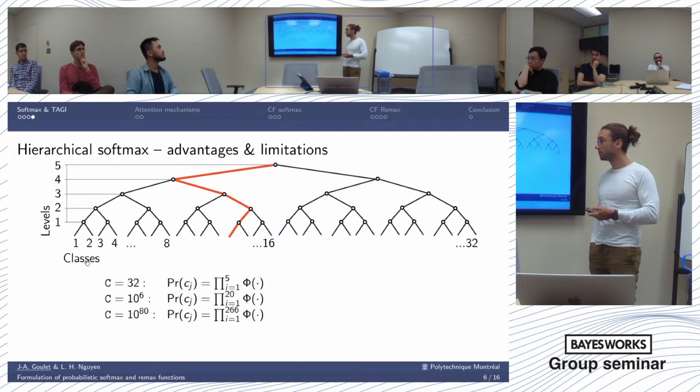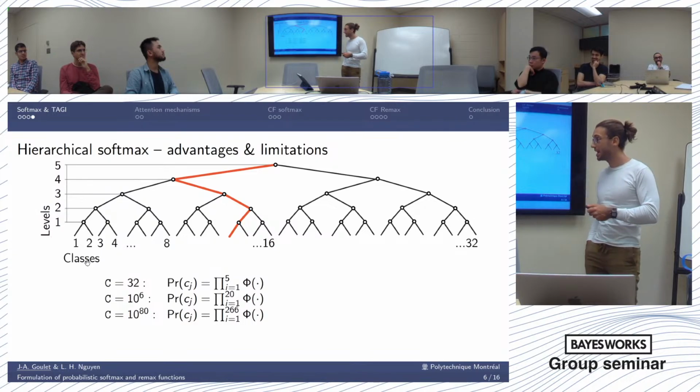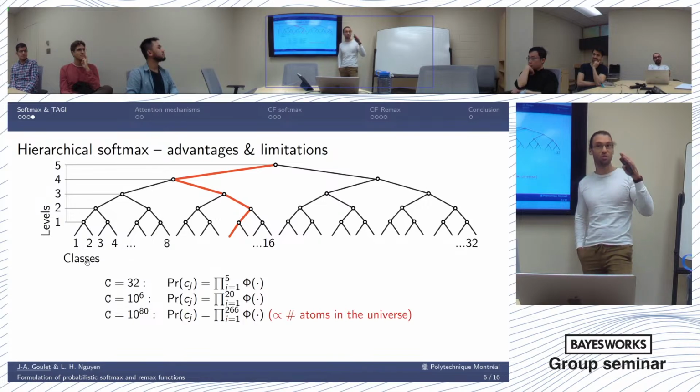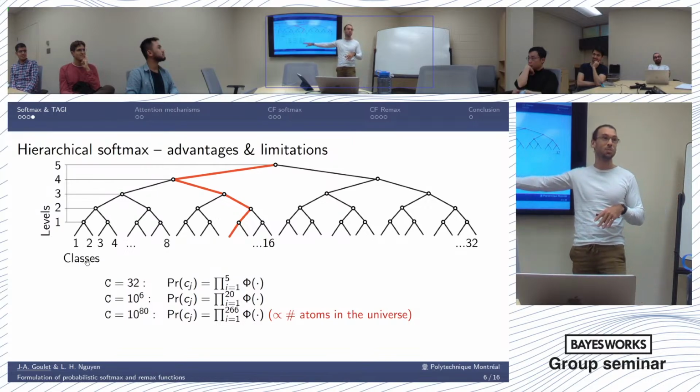What if I have 10 to the 80 classes? That's a big number. Then I can model the probability of any class by only taking the product of 266 numbers. And why I say 10 to the 80 is a large number: this is of the order of magnitude of the number of atoms in the universe. So once you're there, you're pretty large.